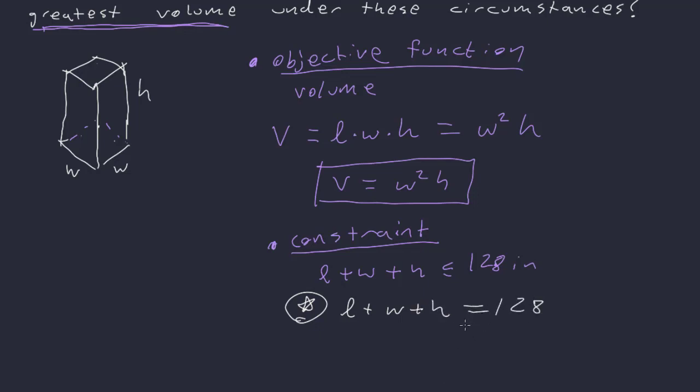We want to hit that maximum in our constraint. We already know that our length and width are the same, so I can replace this with w. So our constraint function is 2w plus h equals 128.